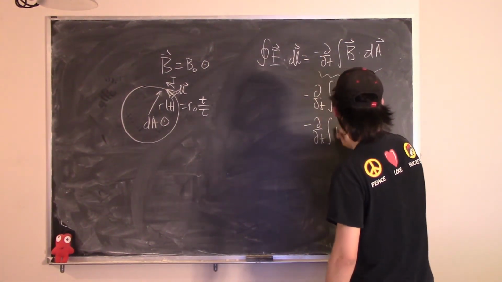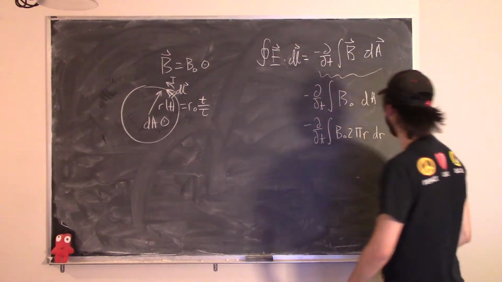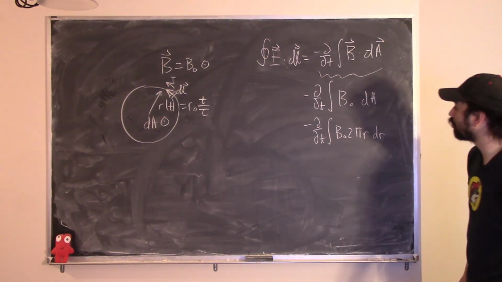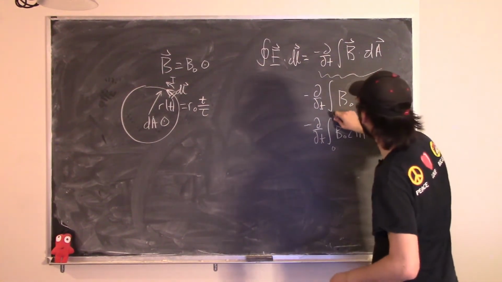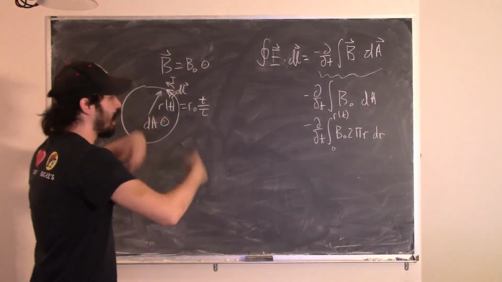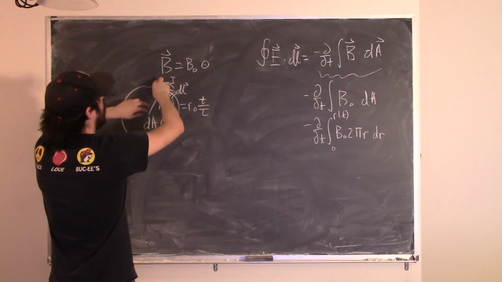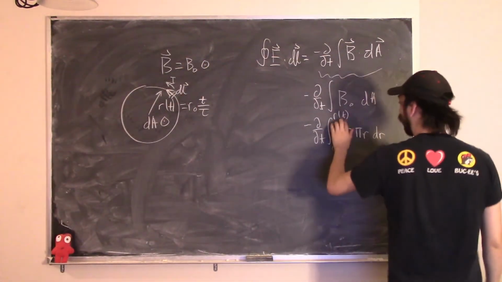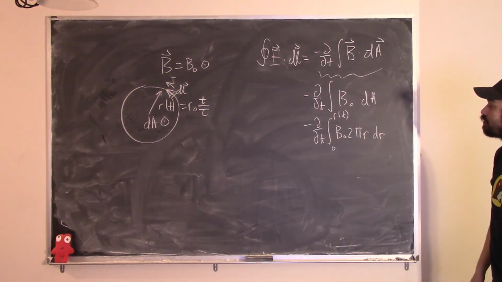So this is the integral of B0 2 pi r dr, and then plug in our limits of integration. The lower bound is going to be 0. The upper bound is going to be r as a function of time. Every time step you have a different radius, and we always want to add up to what that radius is. That radius is going to change with time, and that's why our upper limit here is r as a function of time.